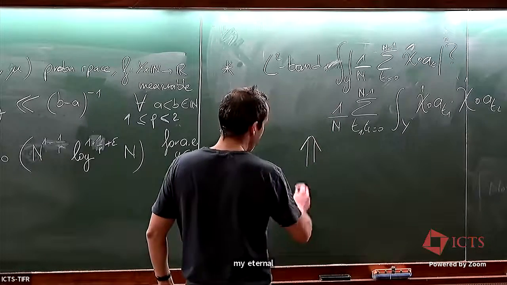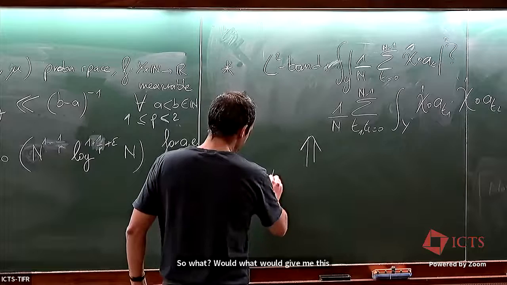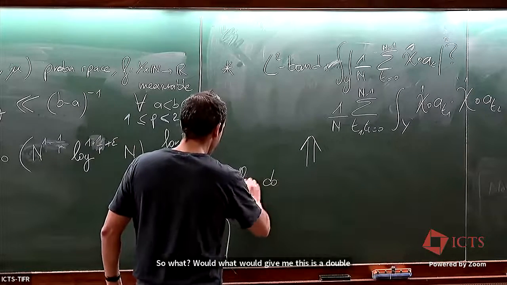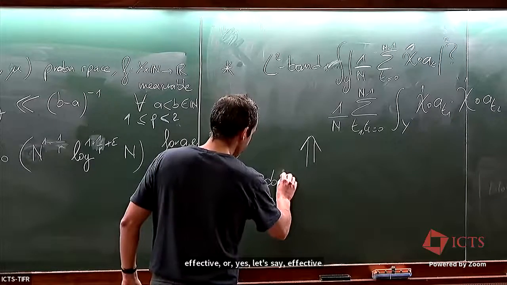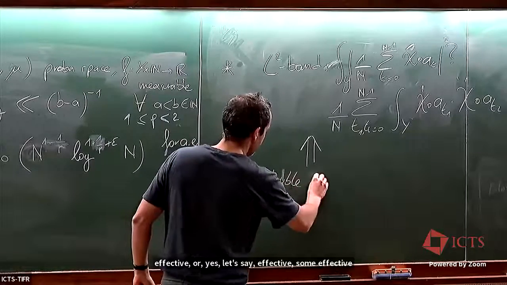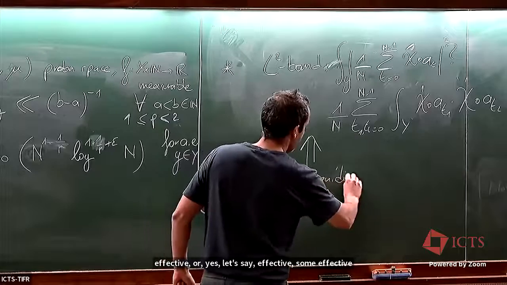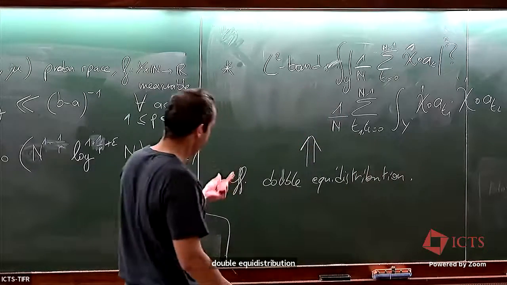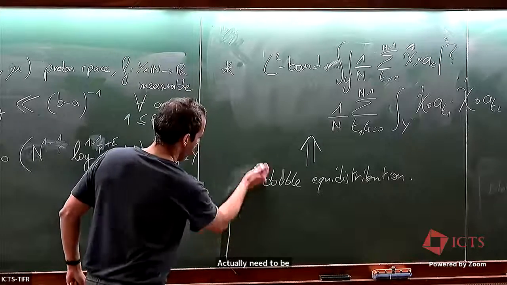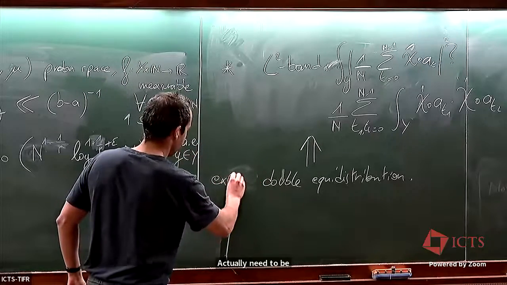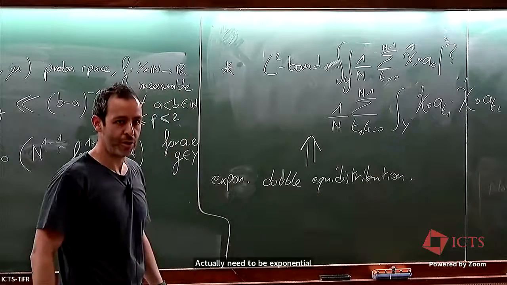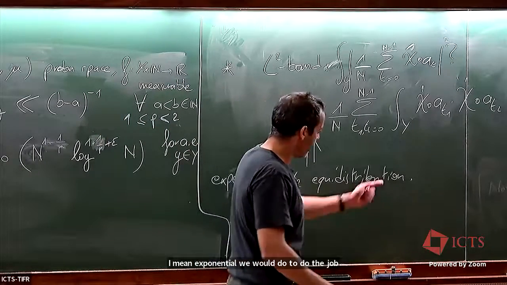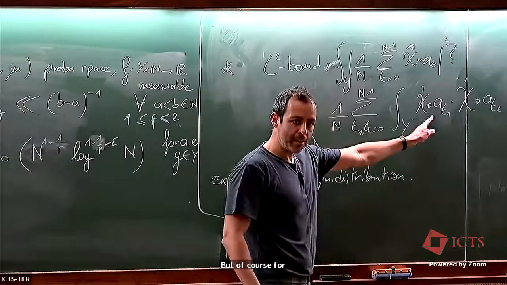So what would give me this is some effective double equidistribution. Actually, it needs to be exponential; exponential would do the job. But of course, for this, it requires smooth, compactly supported test functions.